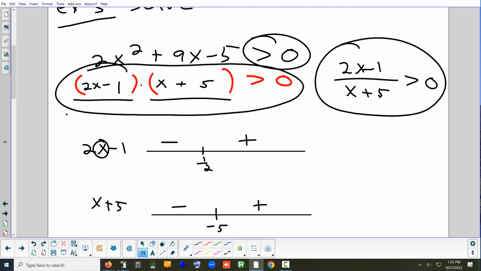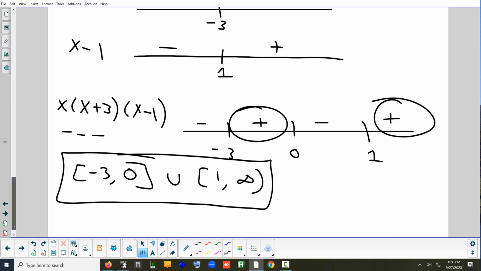Because if you put a bracket on a negative 5, you might think it says I could equal it, but then you would be dividing by 0. So you can't put a bracket on a number in an interval that would cause you to divide by 0, even if there's an equal sign. If it's any other number except the negative 5, then definitely put a bracket on it. Any question?